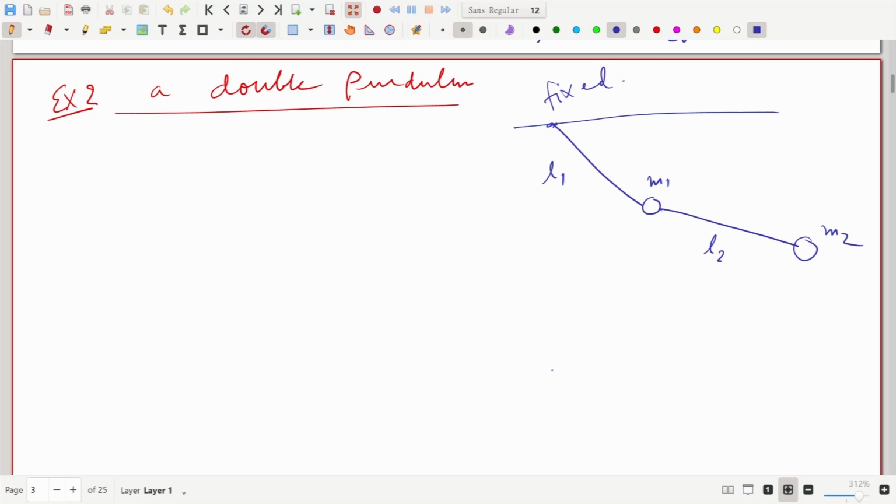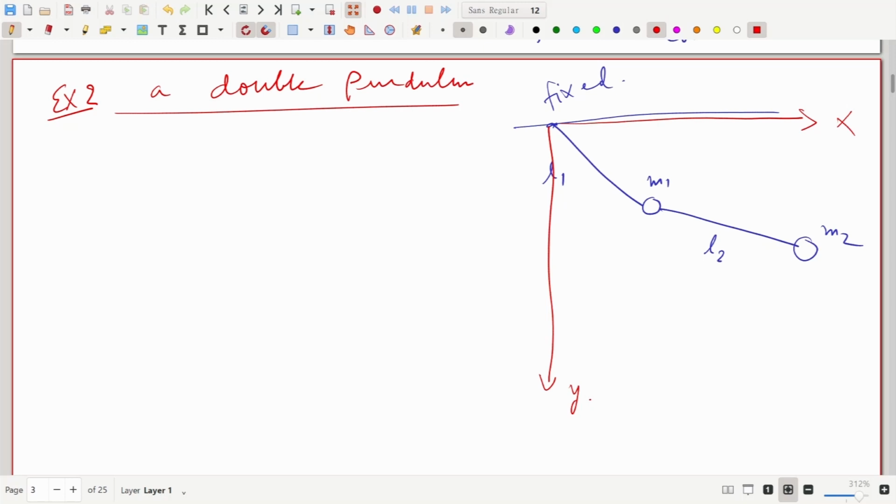Again we follow the same procedure as I discussed. First define our coordinates, or what will be the axes. So let us consider this is our x axis, and this is our y axis.